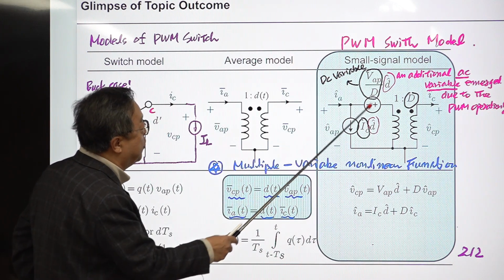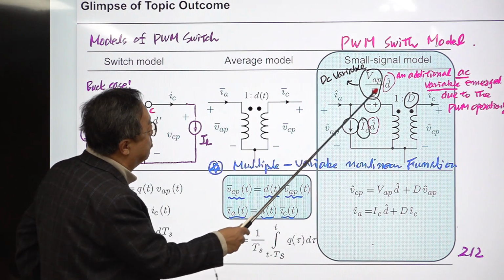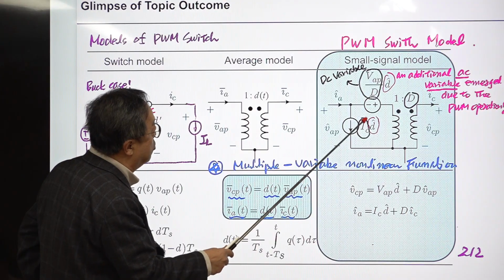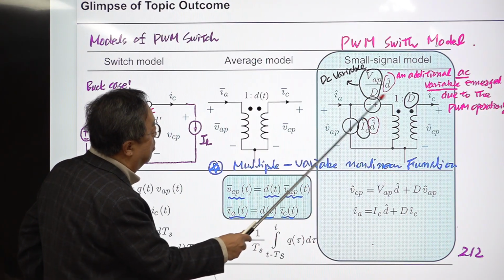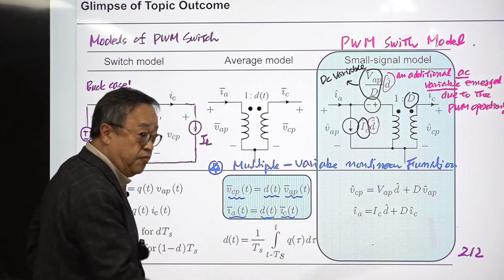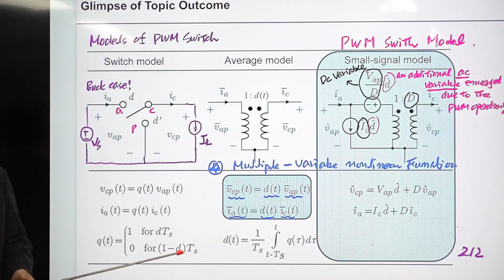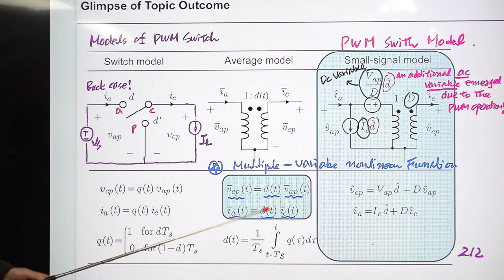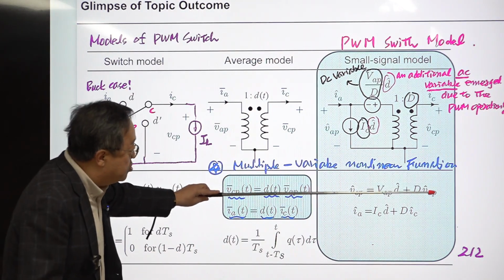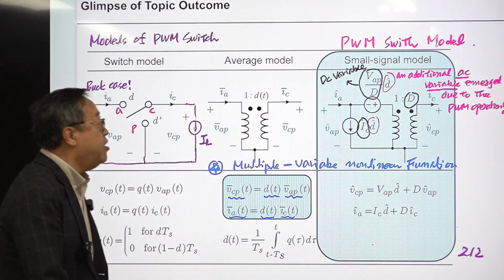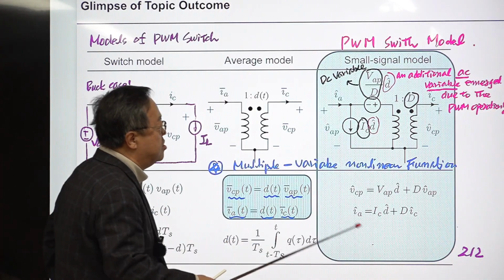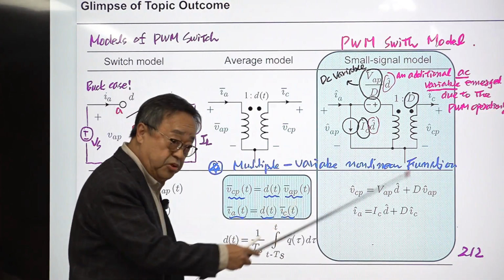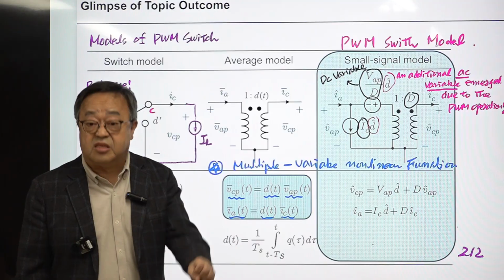So you have other variables, and this is a dependent voltage source and a dependent current source, and this coefficient comes from the steady state information of the DC operating point of the converter. So that is the DC variable, and this is the equation of that. So later on we'll confirm that this equation and this circuit interpretation are exactly the same.